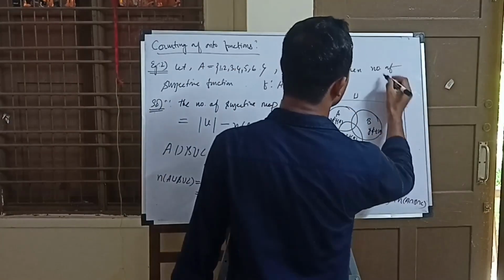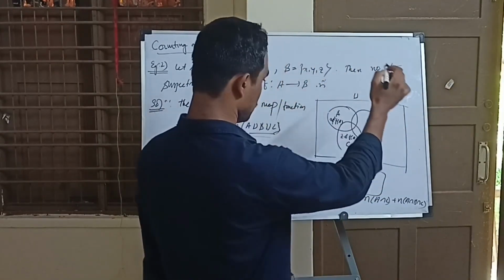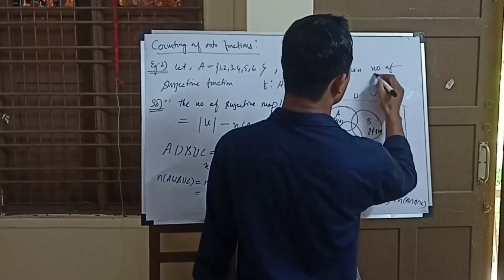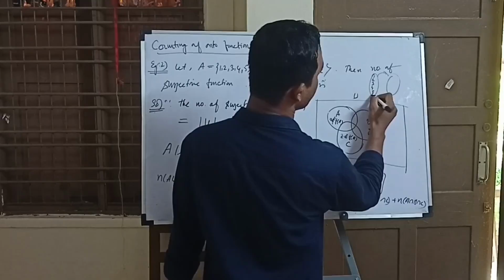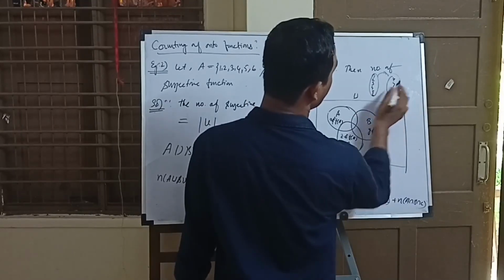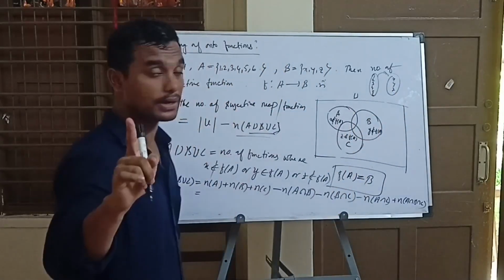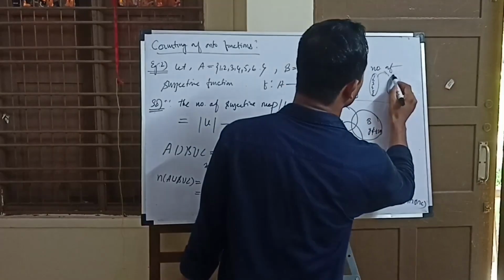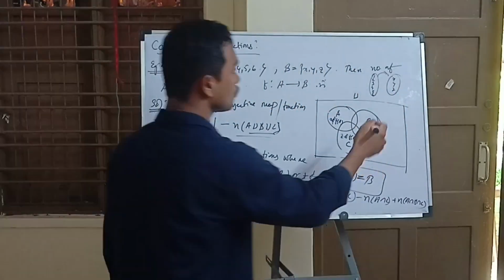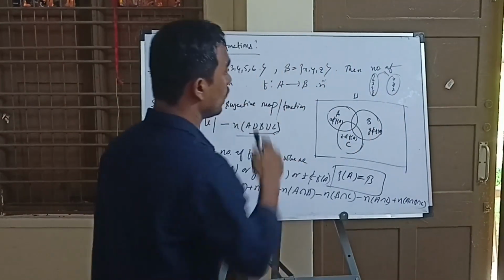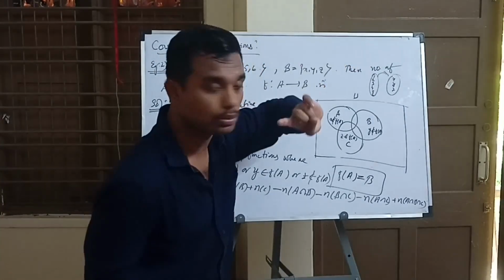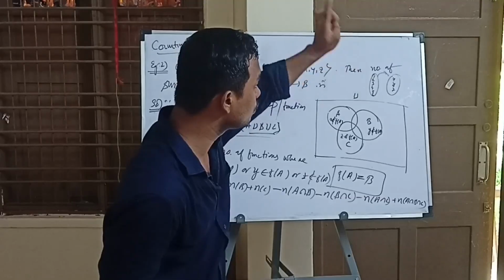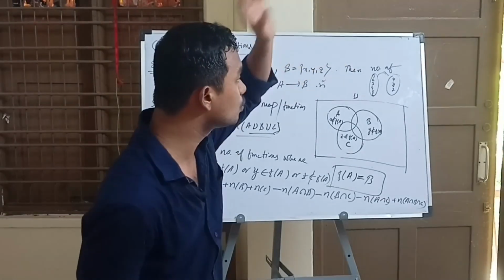Let me draw a pictorial diagram here. Here, see 1, 2, 3, 4, 5, 6, x, y, z. Sorry, x does not belong to the range of A. So the possible choices of the image of 1 are 2. The possible choices of the image of 2 are 2. F of 3 has 2 choices.